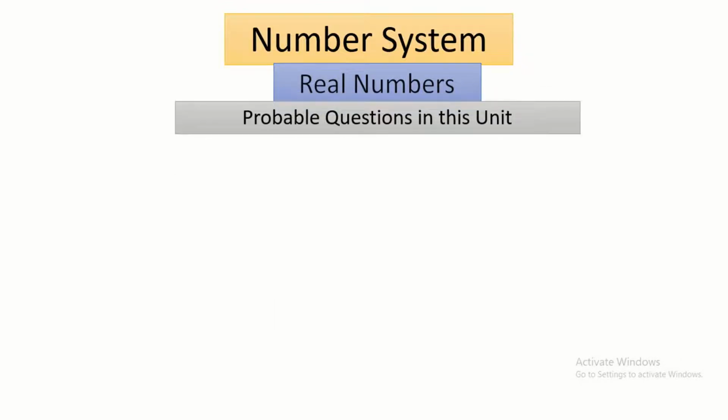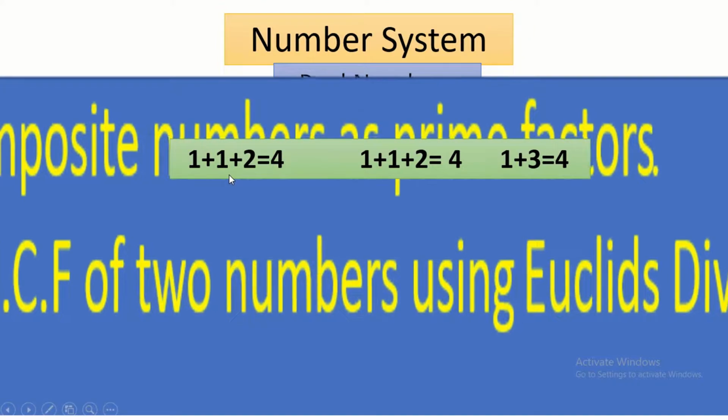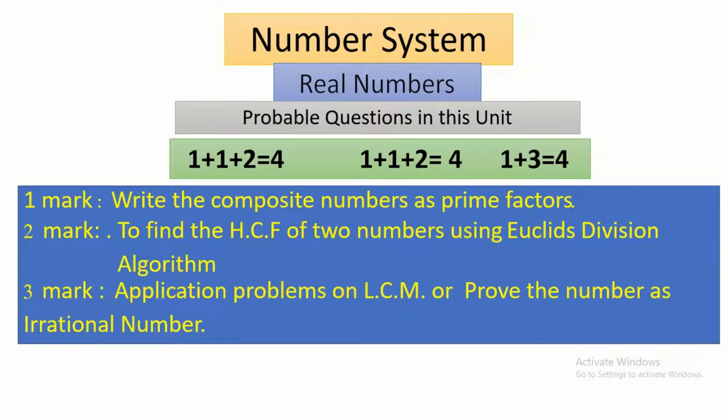The probable questions in this unit we observe here: 1 mark 2 questions may appear, and 1 mark 1 question and 3 marks 1 question may appear. Here you observe, for 1 mark question, what type of question may be asked in the examination.